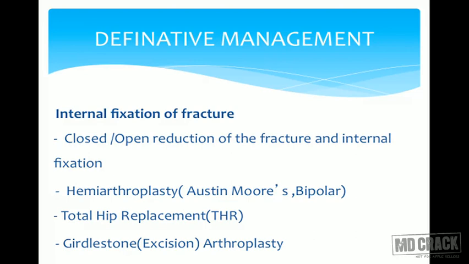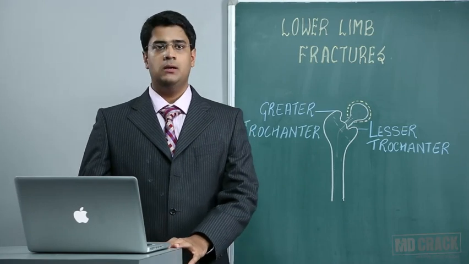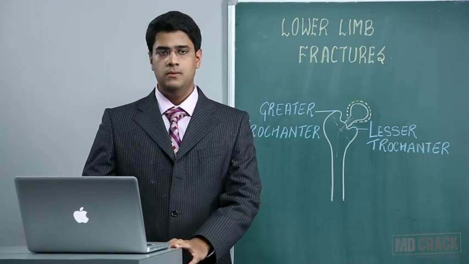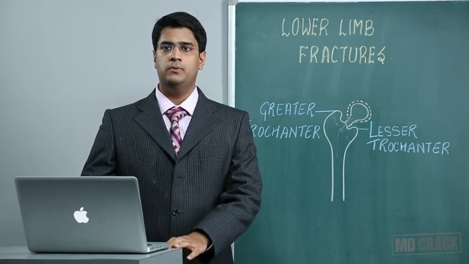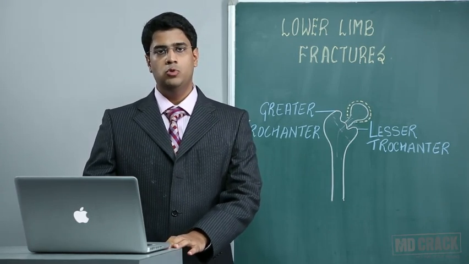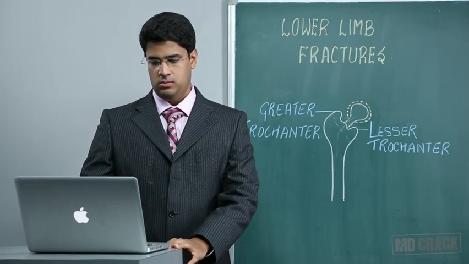And lastly is the Girdlestone excision arthroplasty, that is, in some young patients you may have to just excise the head and neck part and not put any implant in. Implants used for internal fixation are the Moore pins, commonly used especially in the younger age group, devised by Austin-Moore.